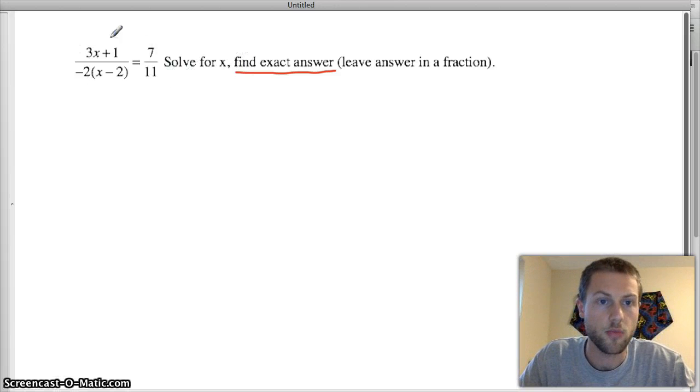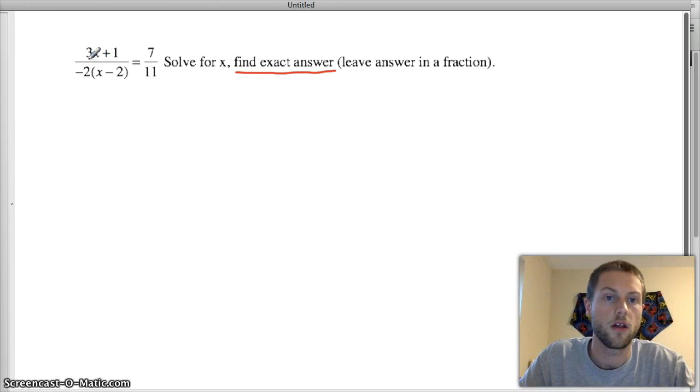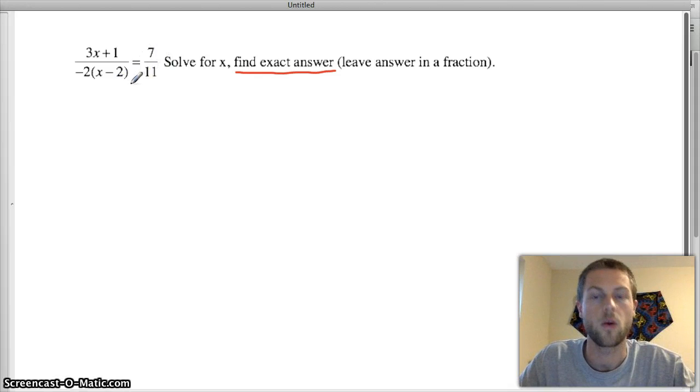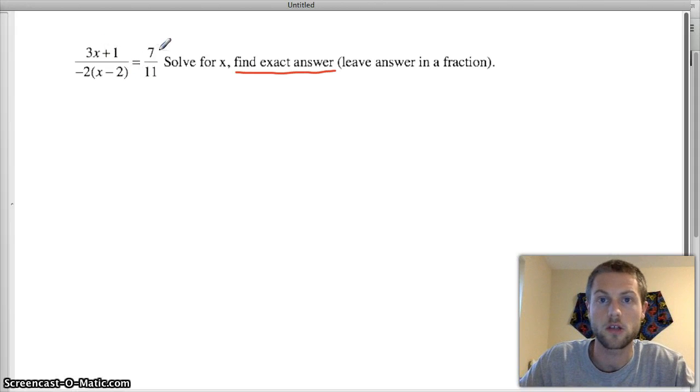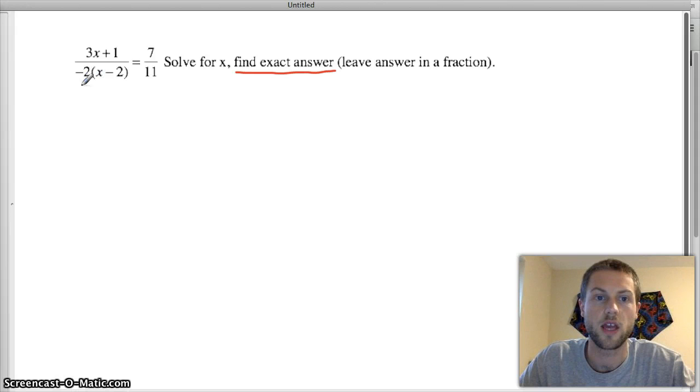When I take a look at this problem, though, I've got (3x plus 1) over negative 2 times (x minus 2), and that equals this fraction here. If I see one fraction equal another fraction, I can make my way towards cross multiplication. But even before I do that, I'm noticing that I've got this negative 2 times something in parentheses.